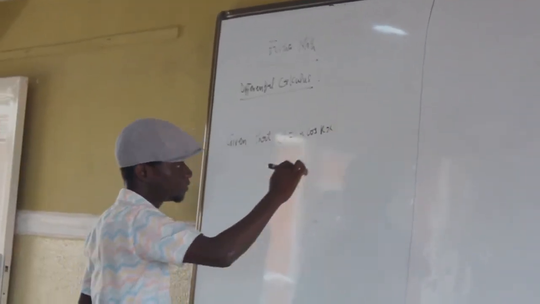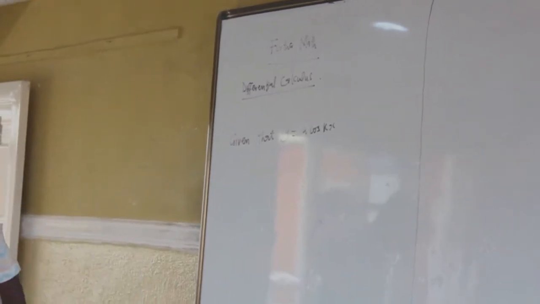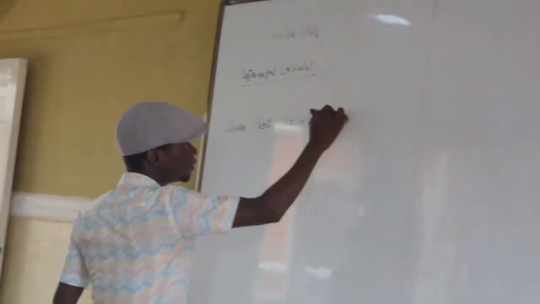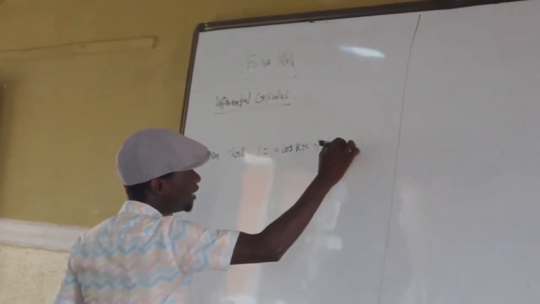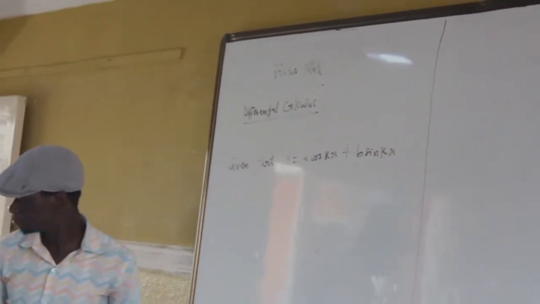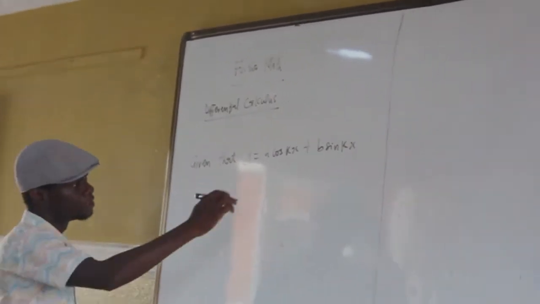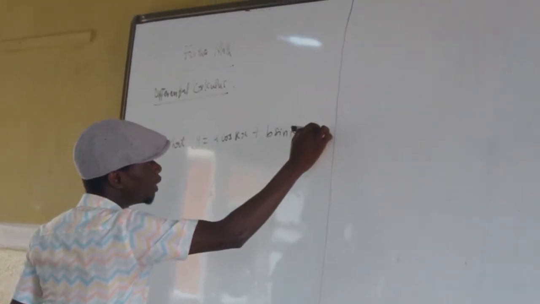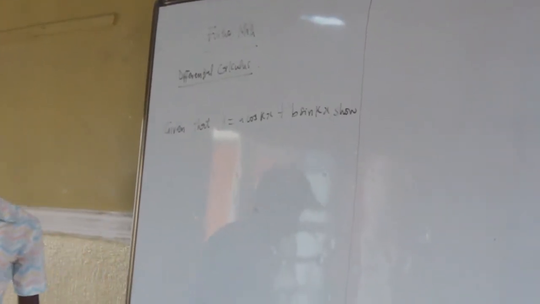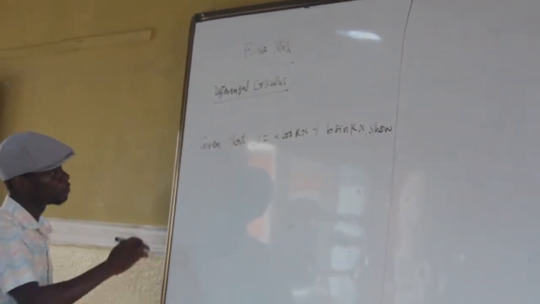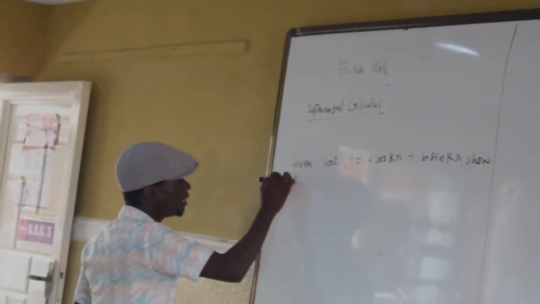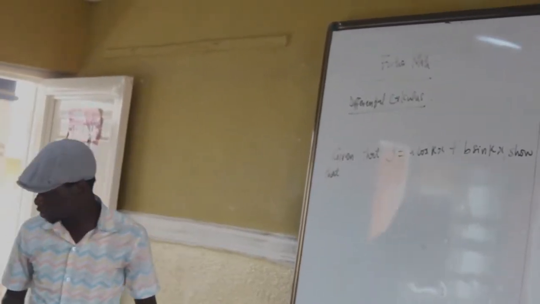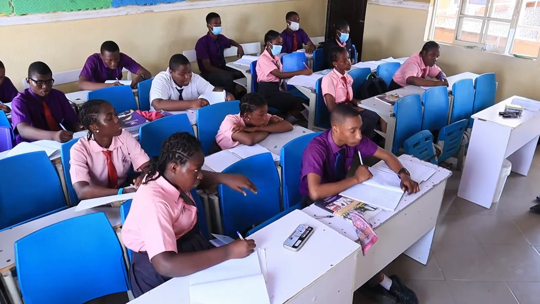y = a cos kx + b sin kx. I have given this question before, and quite a number of you in this class struggled a bit with it.